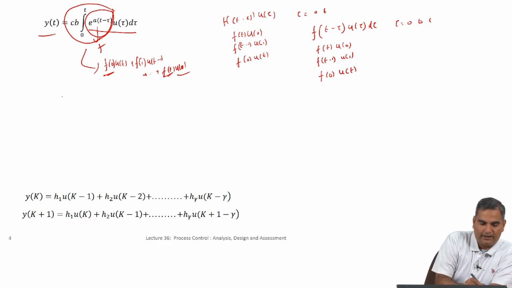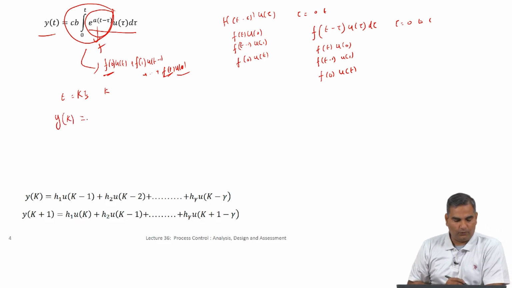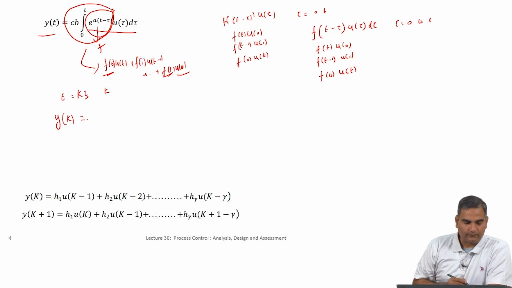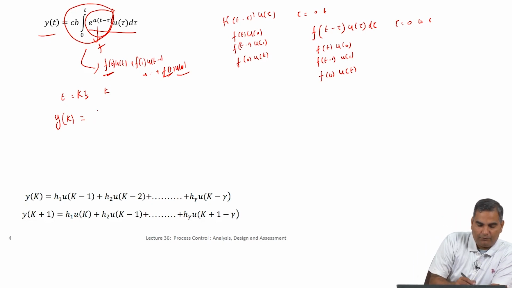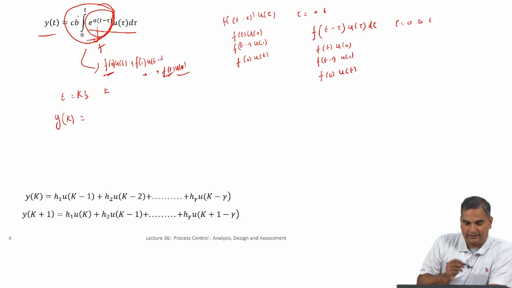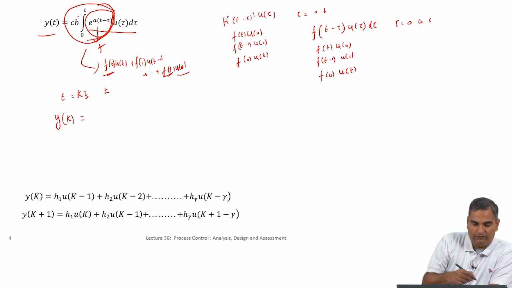So, if you think about this in a discrete form, now we will go back to the discrete form. Let us say I look at t equal to kTs, which I am going to simply write as k. So, in a discrete form, I am going to convert this f function that I talked about into h, and this h is called the impulse response model, and we will describe that.